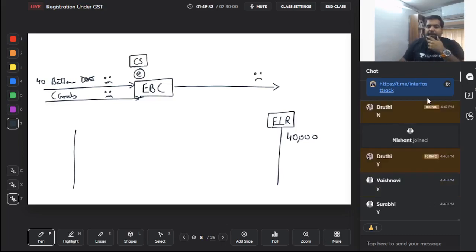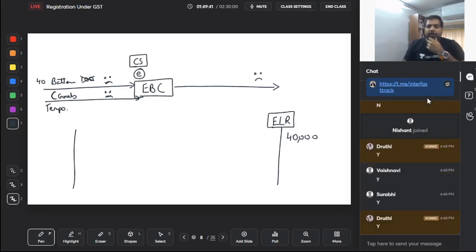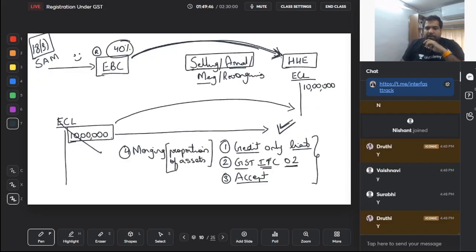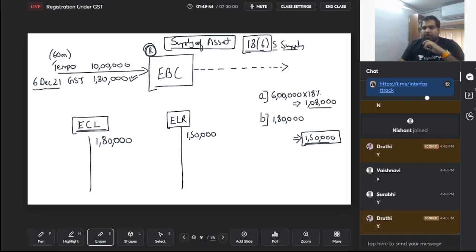Guys, the next is capital goods. When you bought that tempo, guys, do you remember buying that tempo? Yes, you bought that tempo. Guys, I have a small correction to make. I'm so sorry, but this is not done monthly. This section 18.6, sorry, my bad guys. This is also done per quarter.